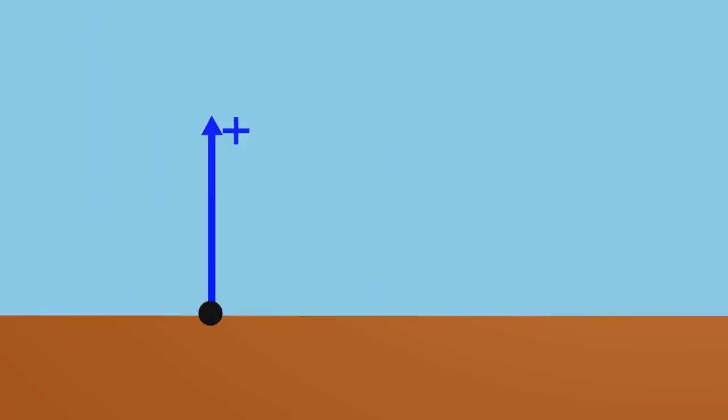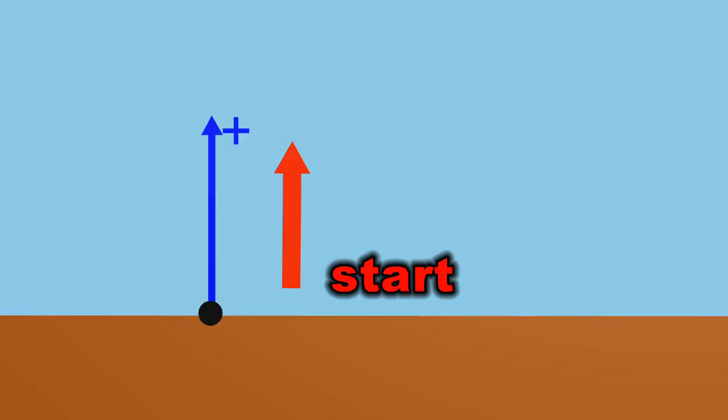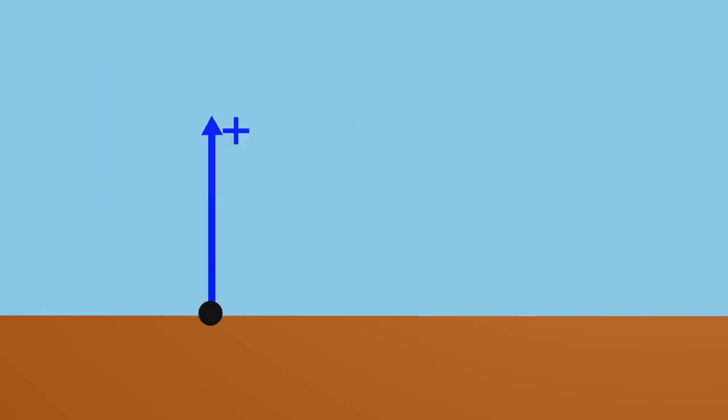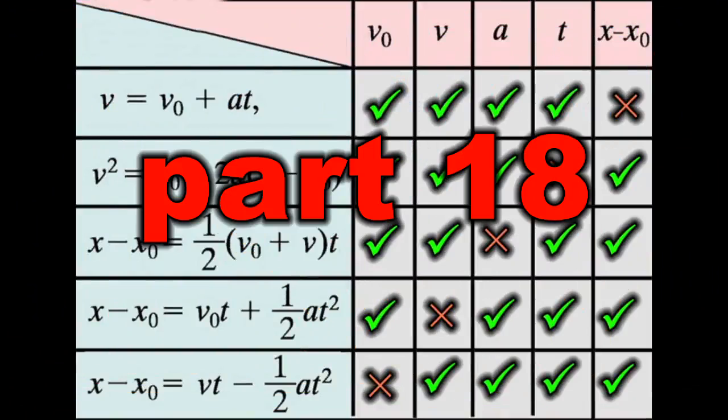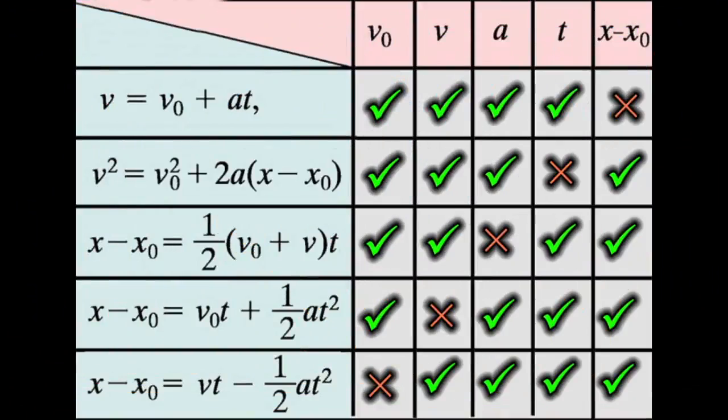Determination of the displacement sign: the displacement vector is drawn from the start point to the end point. If the displacement vector is upwards, the displacement is positive, and if it is downwards, the displacement is negative. Then, using the part 18 method, we find the appropriate formula.